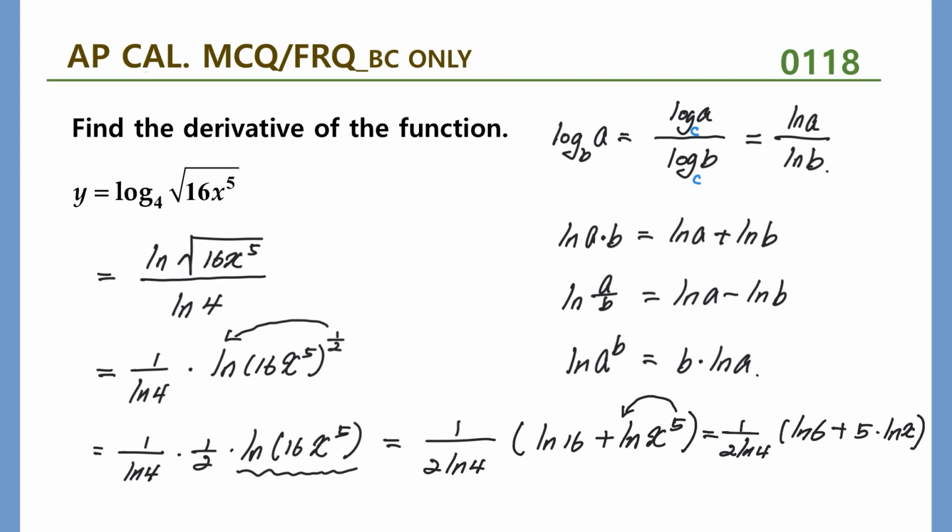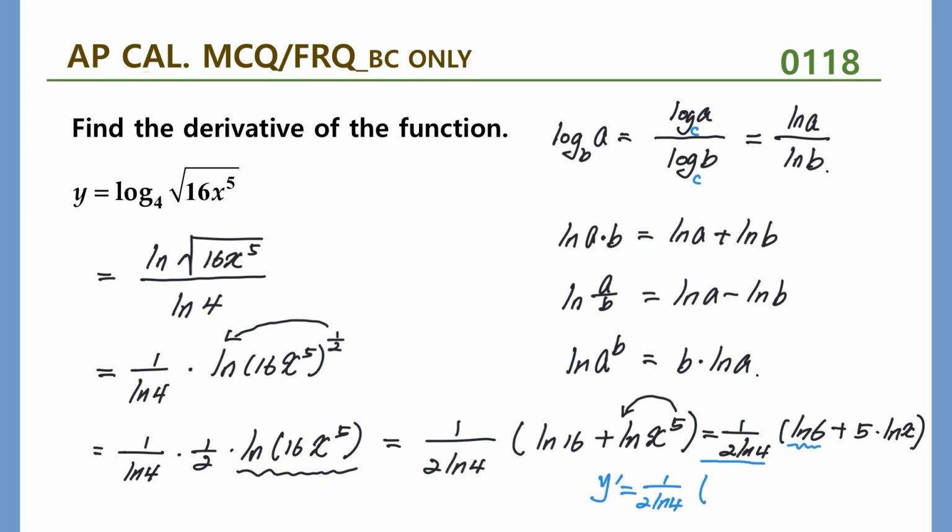So now finally let's write the derivative of this function. Y prime is equal to, we leave the constant alone, 1 over 2 natural log 4. And the derivative of this, the derivative of a constant is 0, so I'm not going to write 0, okay?